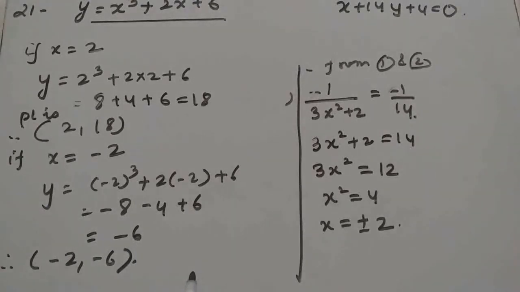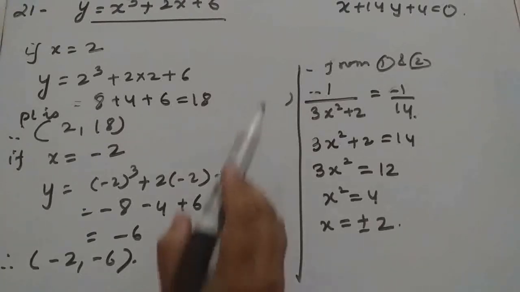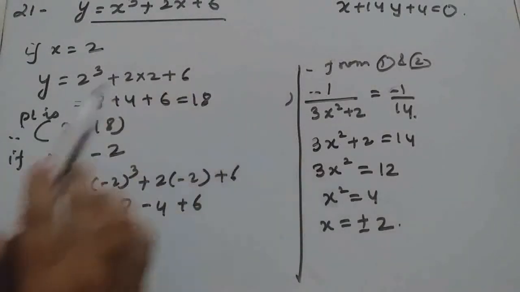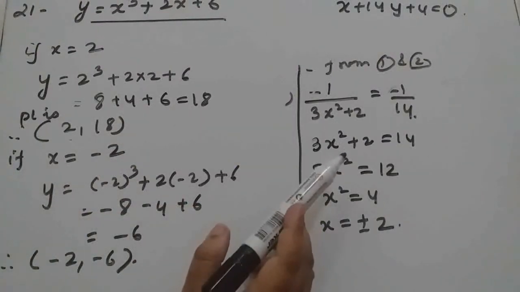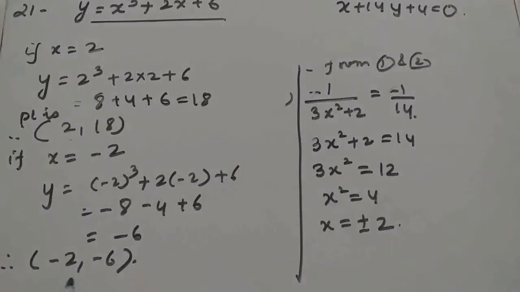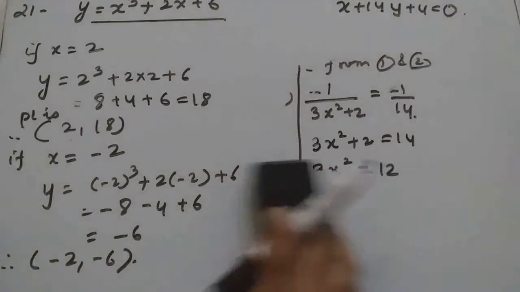Now we should find the equation of the normal. So the equation of the normal having slope minus 1 by 14 and passing through this point, and then having slope minus 1 by 14 and passing through the other point. One by one we should find here.